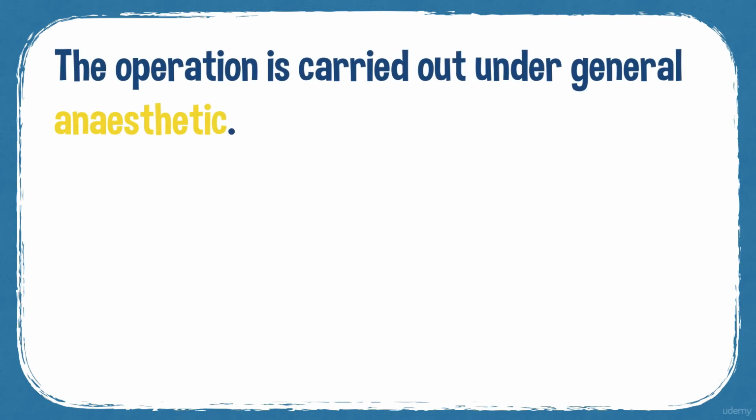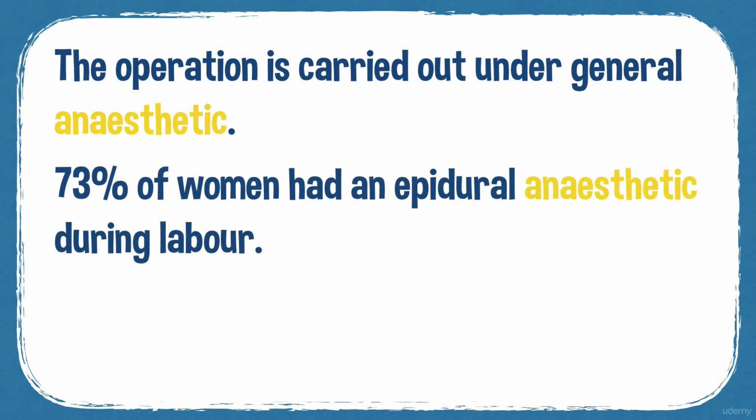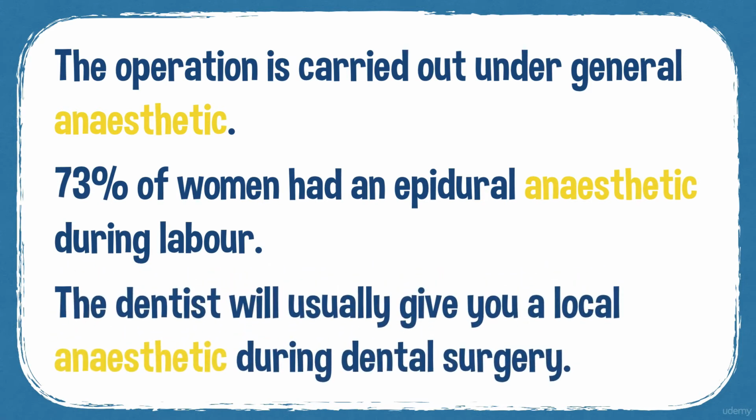For some example sentences: the operation is carried out under general anaesthetic. 73% of women had an epidural anaesthetic during labour, so they didn't feel pain. And the dentist will usually give you a local anaesthetic during dental surgery.